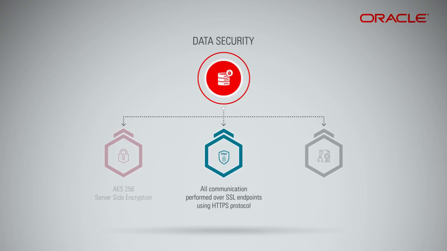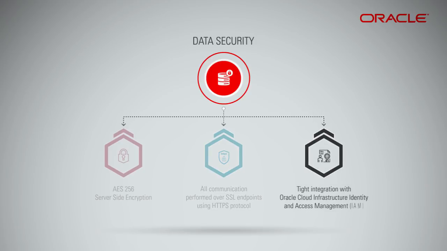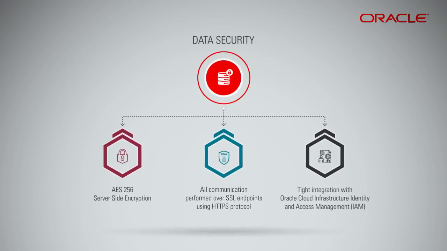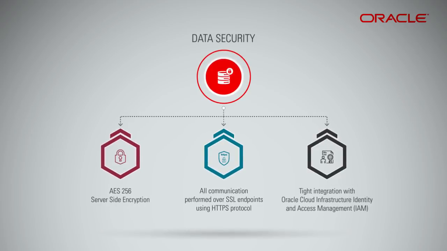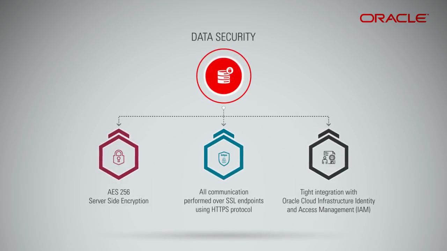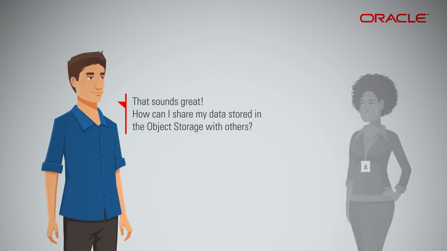By default, only authenticated users that have explicitly been granted access to specific resources can access data stored in the object storage. The service is tightly integrated with Oracle Cloud Infrastructure Identity and Access Management. For an additional layer of security, you can encrypt objects prior to sending them to object storage. That gives you total control over not only your data, but also the encryption keys that are used to encrypt the data. That sounds great.